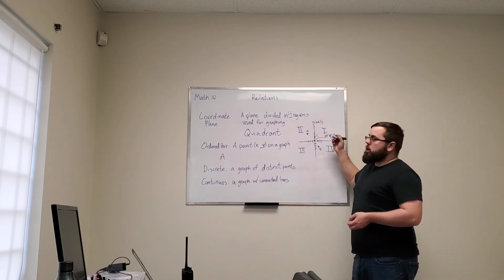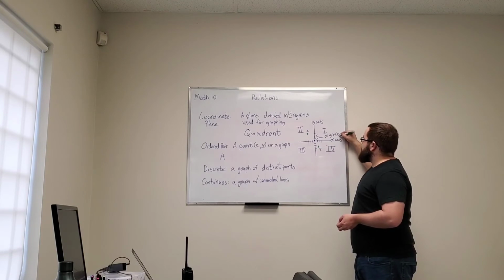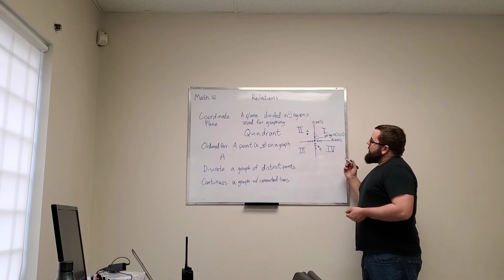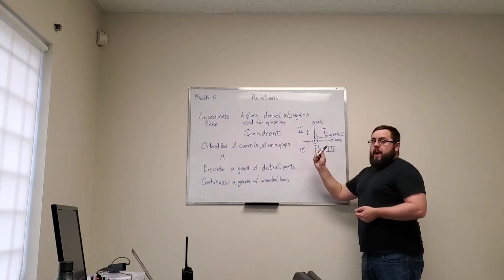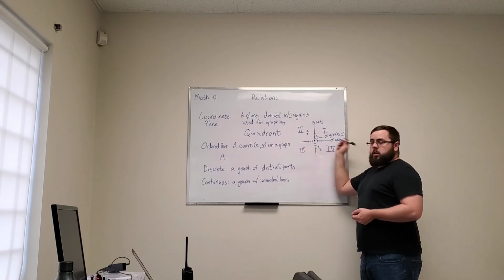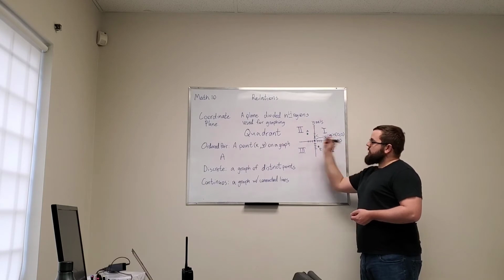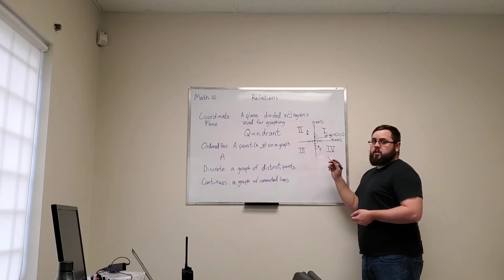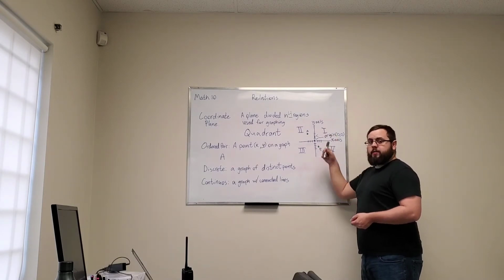The origin's coordinates are (0, 0). On the x-axis, we go in the positive direction this way, and the negative direction this way. On the y-axis, positive is up and negative is down.